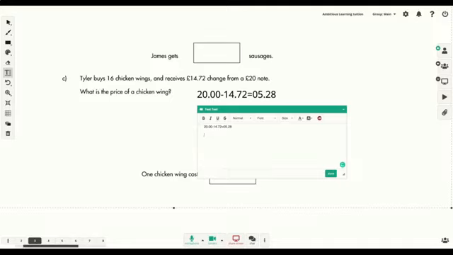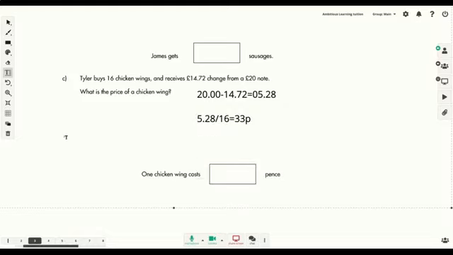And then you just need to divide 5.28 by 16, and then your answer would be 34p. So how much does one chicken wing cost? We got the price for one chicken wing is 33 pence.